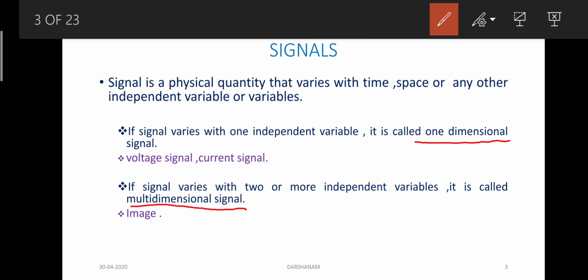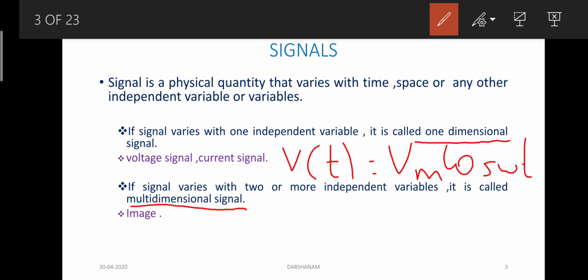Now let's see the examples of one-dimensional signal. Voltage signal and current signal are examples of one-dimensional signal. Let's see that is voltage signal V of t can be written as Vm cos omega t. Here the voltage is changing with respect to time, where time is an independent variable since we cannot control time.